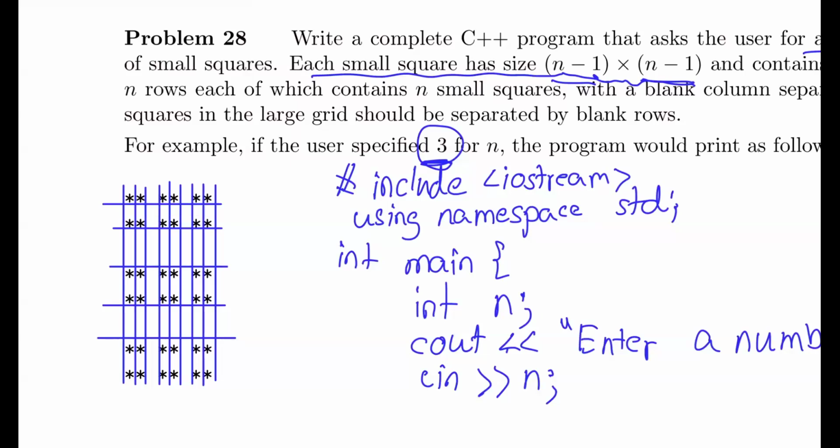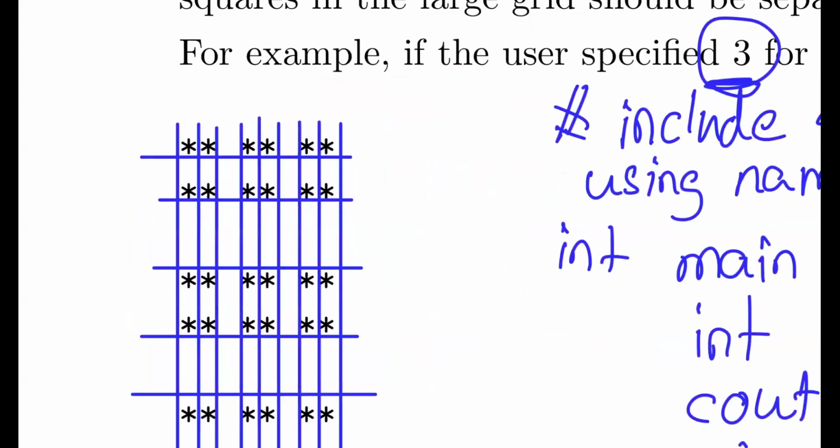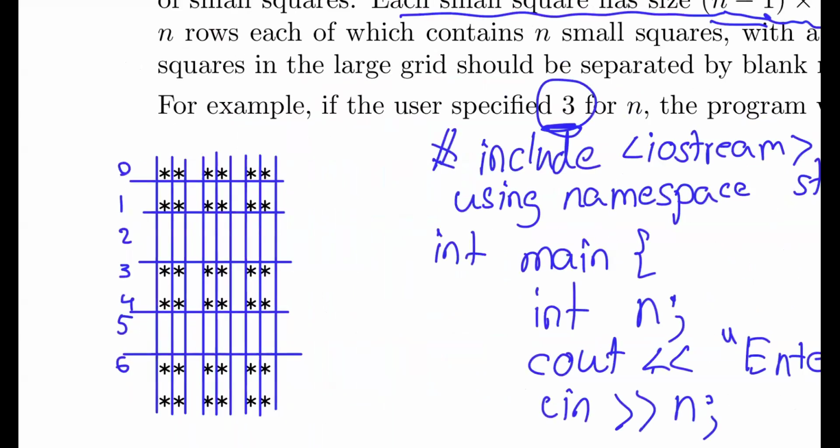Okay, and then let's name the rows and columns. So this is row 0, 1, 2, 3, 4, 5, 6. So 1, 2, this is a space.